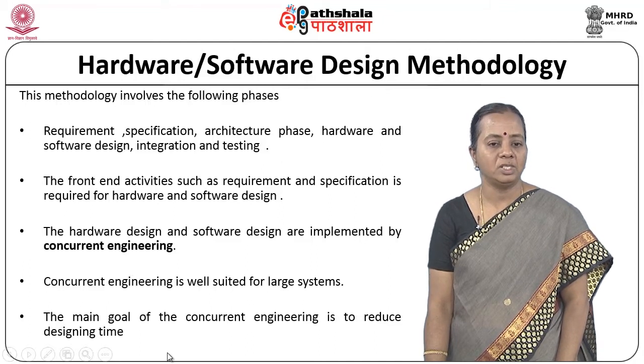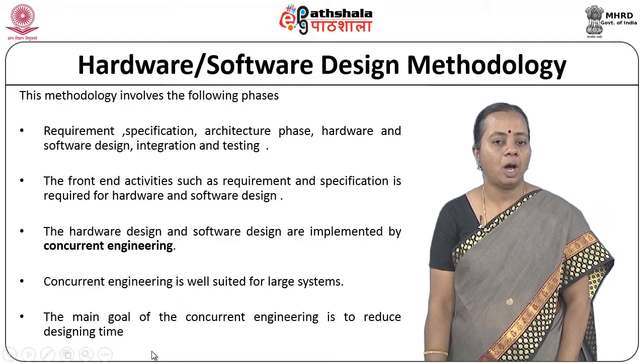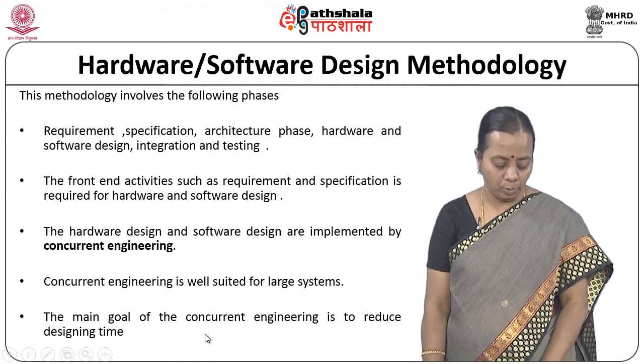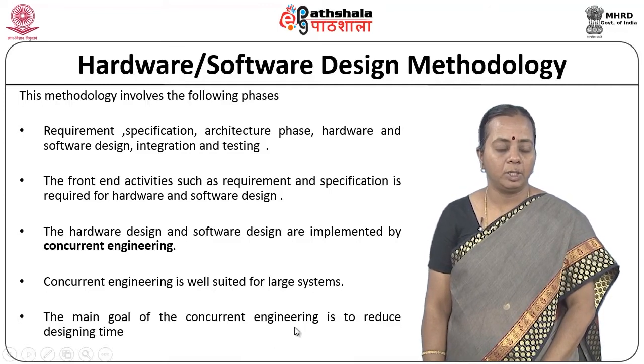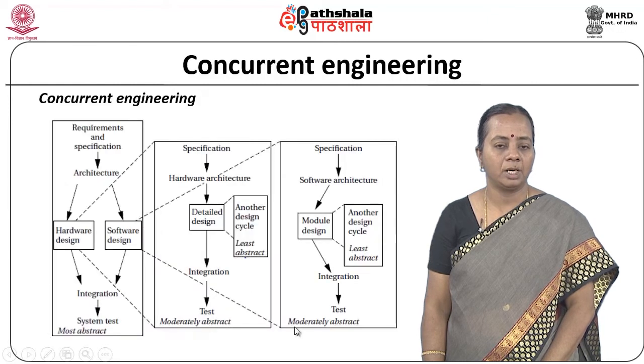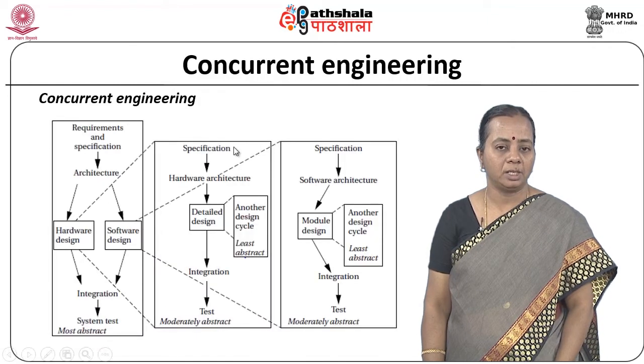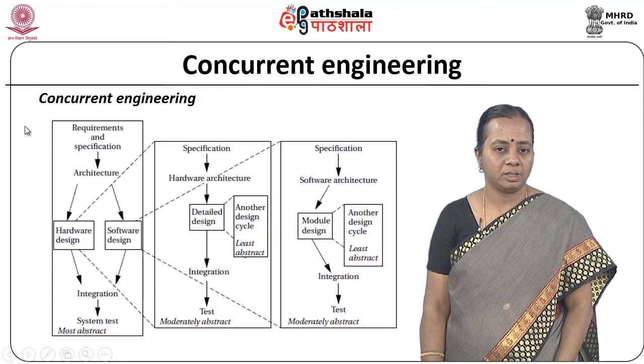Concurrent engineering is suitable for large systems. The main goal of concurrent engineering is to reduce the design time, and the design time is reduced very much with concurrent engineering. Here the architecture is slightly modified to give you a clear picture of how, with concurrent engineering, the hardware and software are made in your embedded system design.